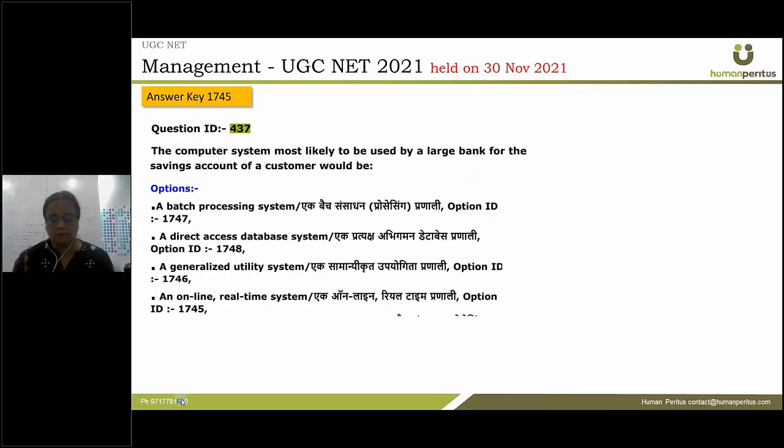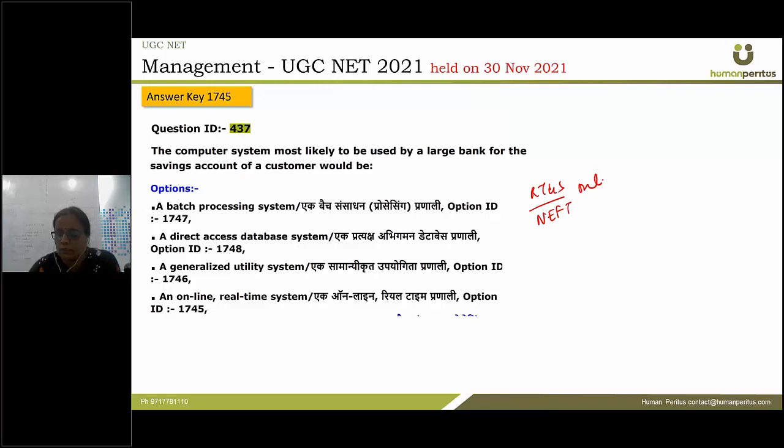Okay. The computer system most likely to be used by a large bank for the savings account of a customer would be... So it is talking about the computer system of a large bank in relation to the savings account of a customer. Think like you are a customer of any large bank. Whenever you open a savings account, what options do you get? You get options of RTGS payment and transfer through NEFT, right?